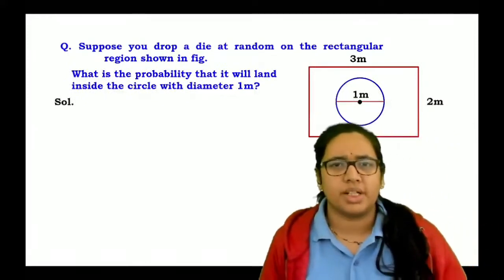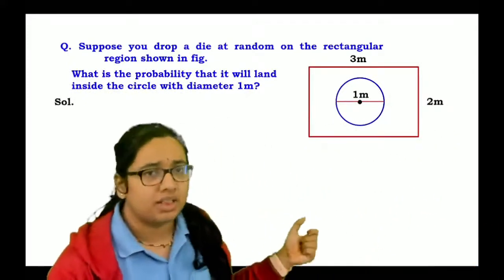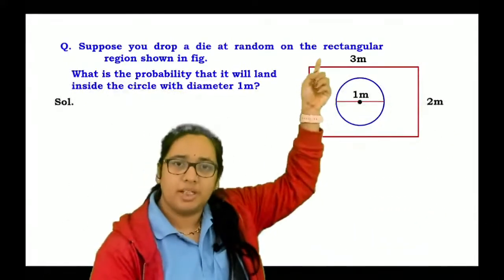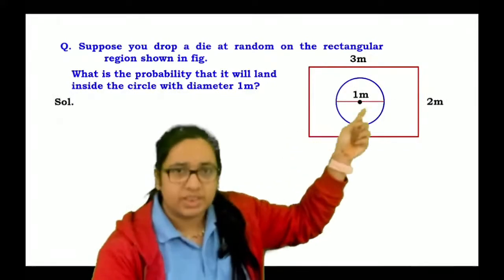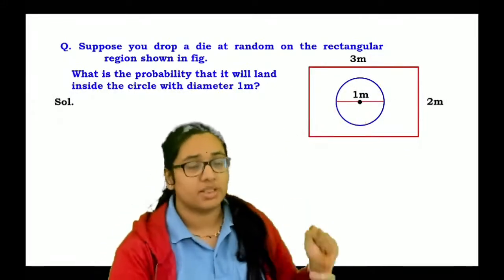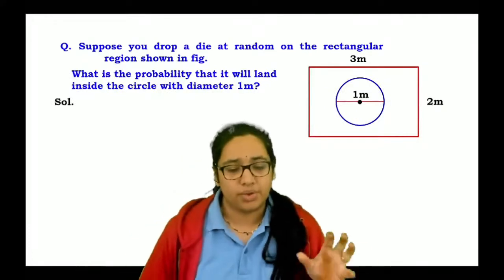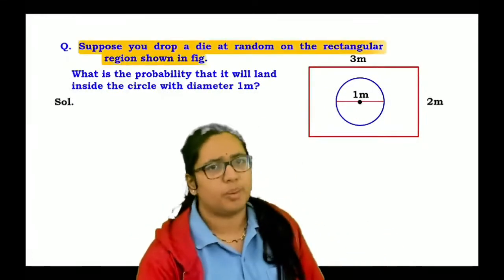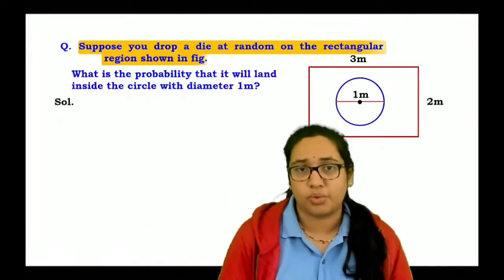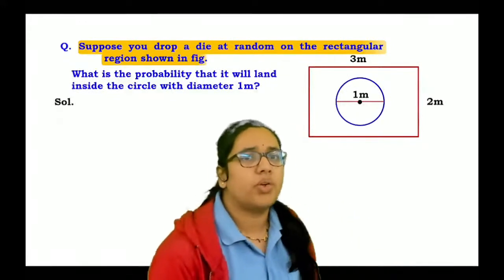So, obviously, you are getting that we have one rectangle of 2 by 3 meters. There is a circle having a diameter of 1 meter. If you have to find the probability, then probability is nothing but the total number of outcomes. But the total number of outcomes is 6.